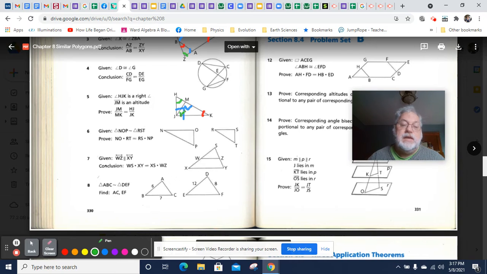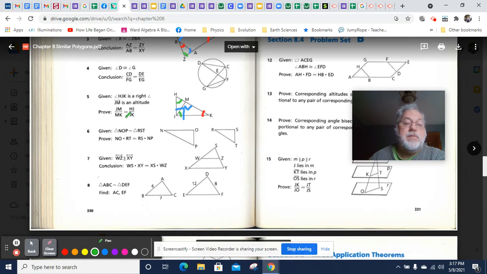I didn't need the other angle to label it, but it's going to be easier for me to remind myself what the corresponding side relationships are when I do that. So JM is from blue to right.